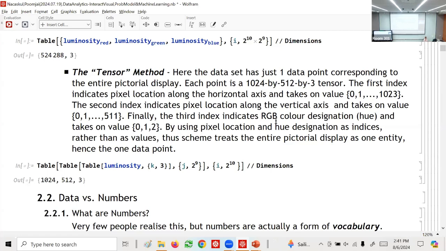Right now, a matrix is just a rectangular array, but if the array looks like a flat screen and each pixel has 3 colors, you can think of 3 axes. There's horizontal, there's vertical, and there is the color selector, right? Red, green, or blue. Now, by convention, red comes first.